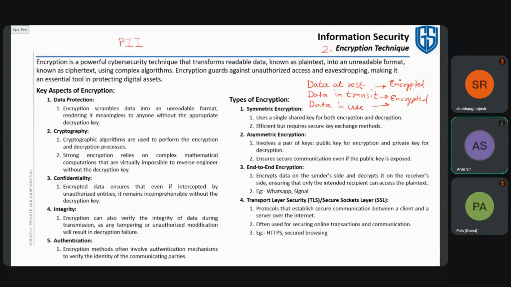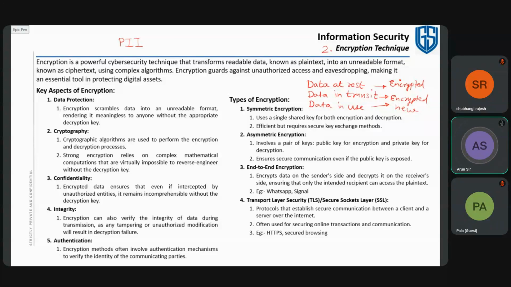Earlier this was not there, but now even at the cloud level, while data is being processed, there is a possibility that your data may get leaked. Because of that, data in use, data in processing, also needs to be encrypted. So this is the new challenge which has arisen.